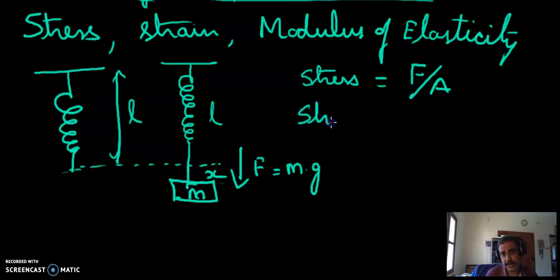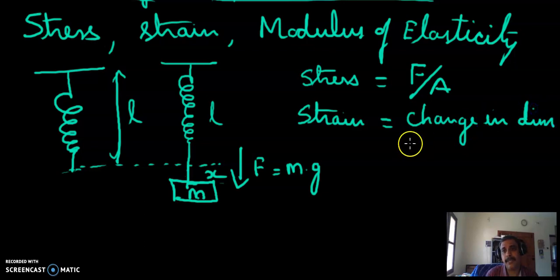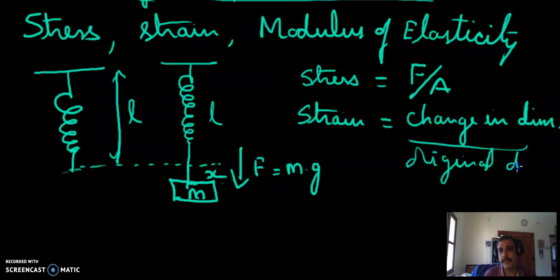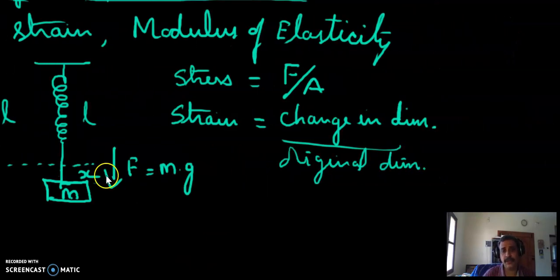Then strain is given by change in dimension divided by original dimension. So this is the general formula for stress and strain.